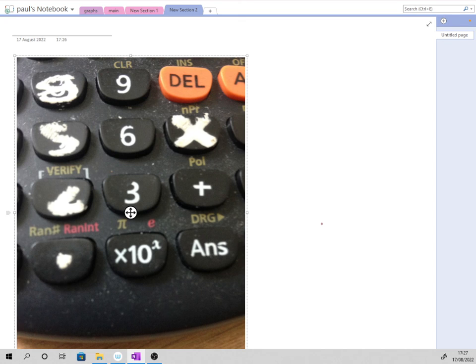So you can see at the bottom there is my pi. And up in the top left hand corner there'd be a shift, and all these yellow ones are the shift functions. So I'm just going to press shift and then that button, the times 10x, whatever that is, yeah, instead of the 3.14, and it gives me a much more accurate answer. Okay, perfect worksheet on this, and see you in the next one.